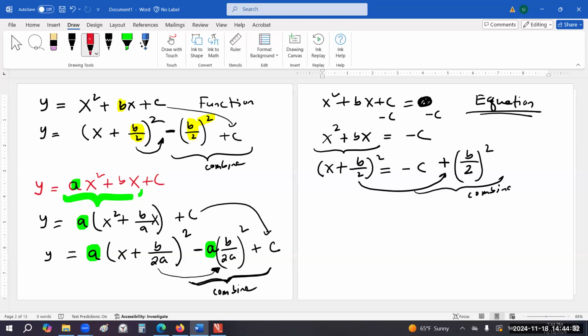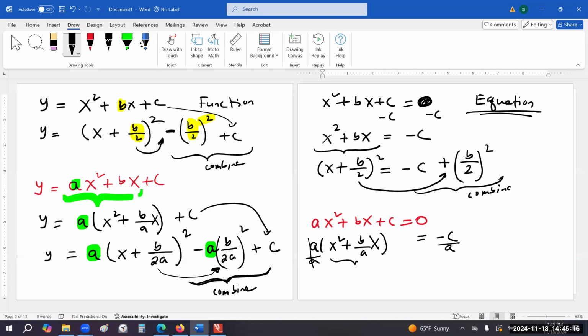Lastly, if you have a leading coefficient, if you have ax squared plus bx plus c equals 0, we pull out a from the x terms and you subtract the c from both sides. You can divide both sides by a, so they cancel out.